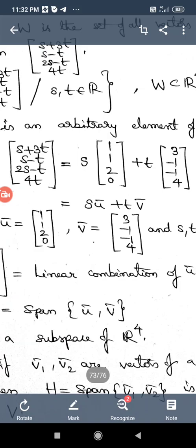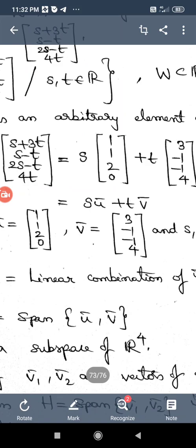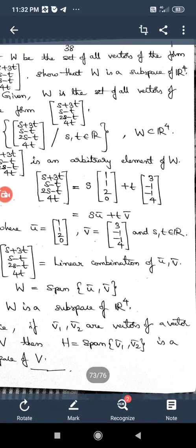So here we got two new column vectors, and I am naming them u bar and v bar respectively, so that our arbitrary element of W is now equal to s u bar plus t v bar, where u bar is equal to (1, 1, 2, 0), v bar is equal to (3, -1, -1, 4), and here s comma t are real numbers.